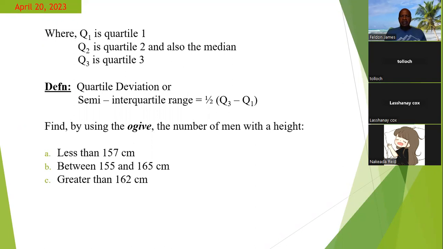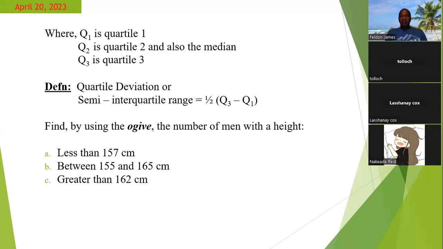So if it is asking you to find the number of men with height less than 157, what value are you supposed to be looking for here? So they give you the height. You want to find the number of men with a height less than 157.